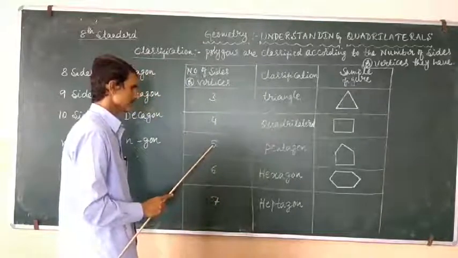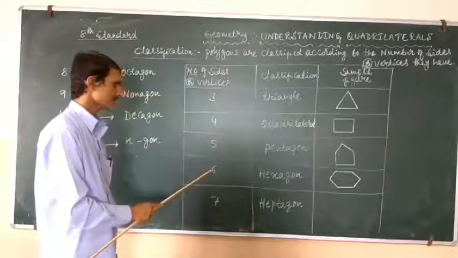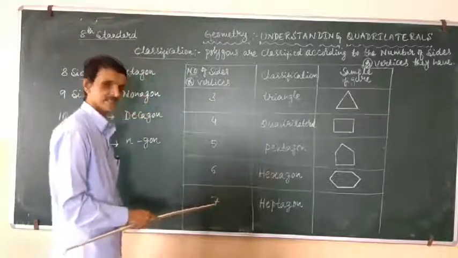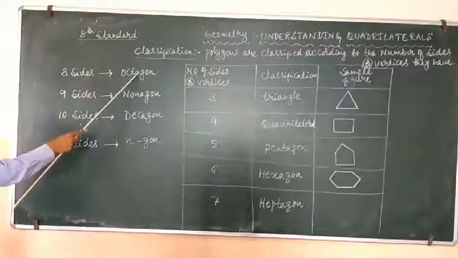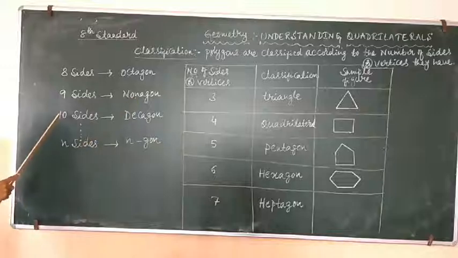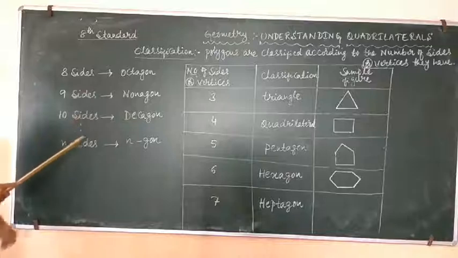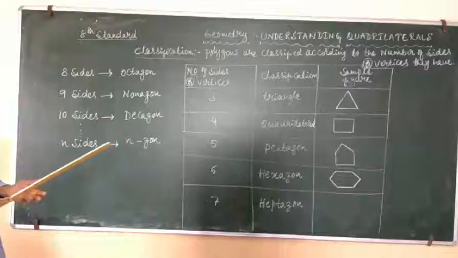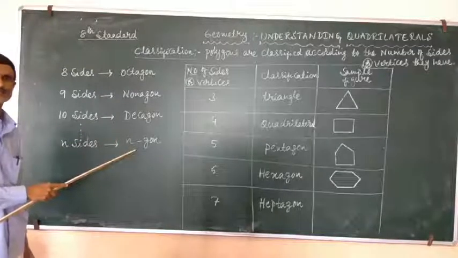If a polygon contains 5 sides, it is called a pentagon. 6 sides, a hexagon. 7 sides, a heptagon. 8 sides is called an octagon. 9 sides is called a nonagon. 10 sides is called a decagon. Similarly, it goes on continuously. If the polygon contains n sides, it is named an n-gon.